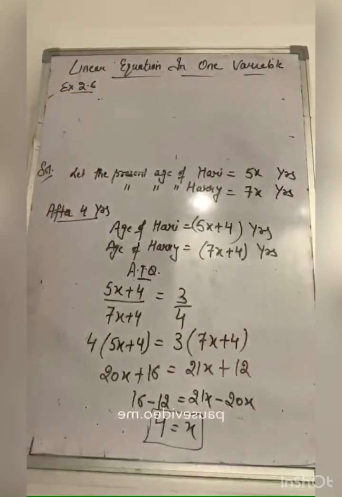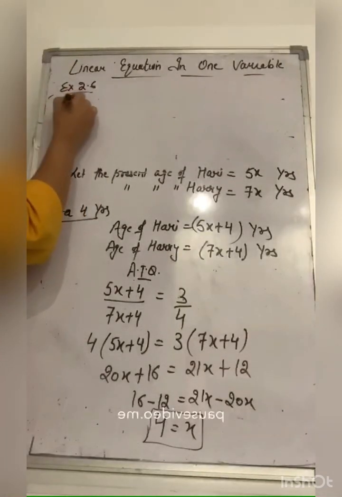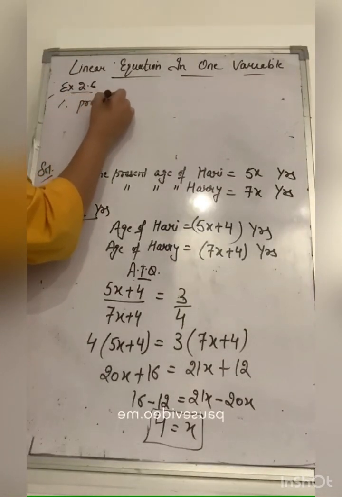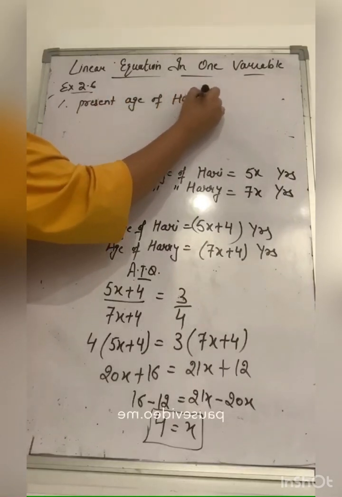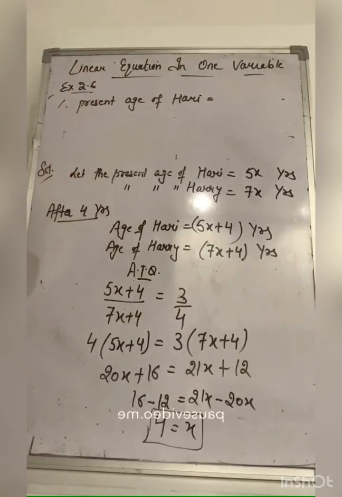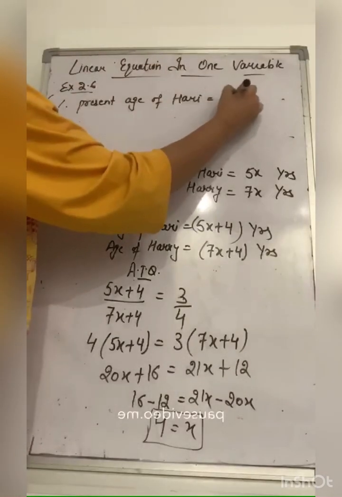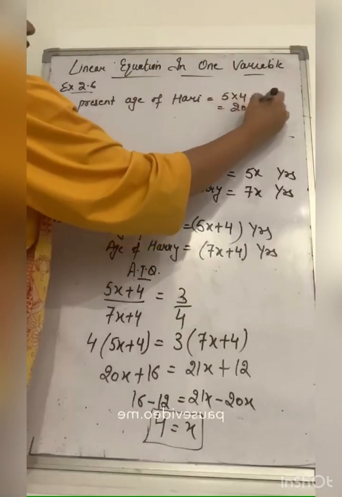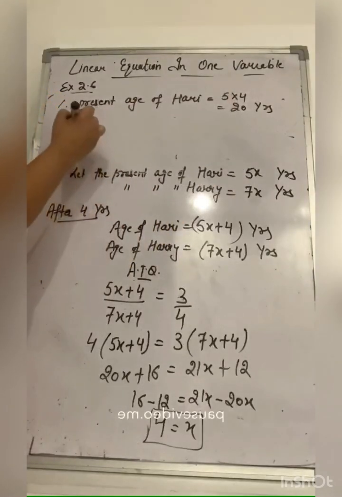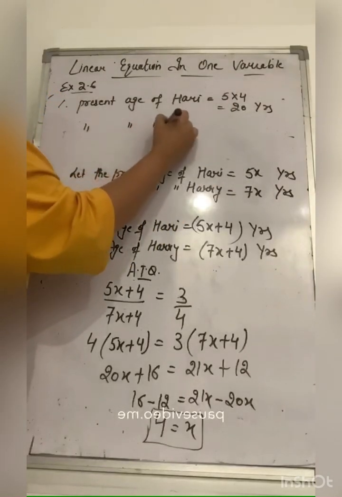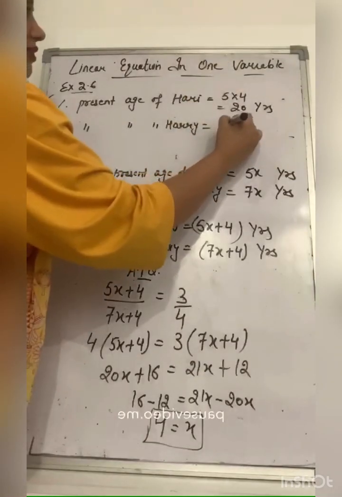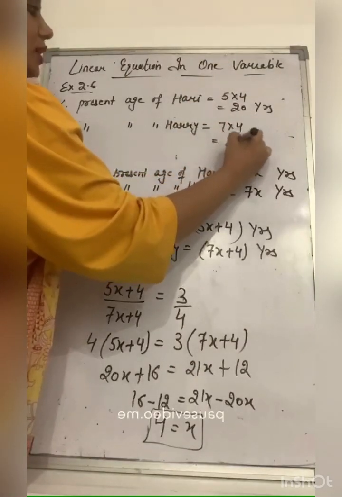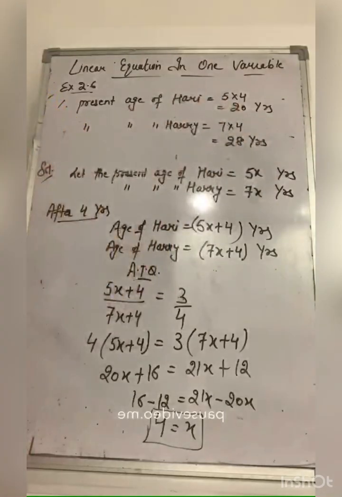So, therefore, present age of Hari is 5 into 4, 20 years, and present age of Harry is 7 into 4, 28 years. Right? So I hope the question is clear to you.